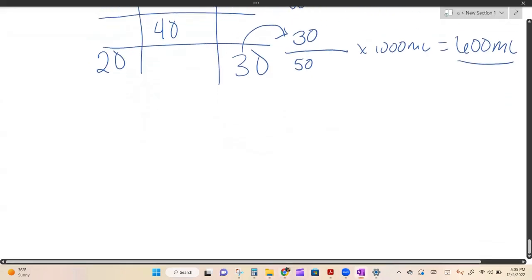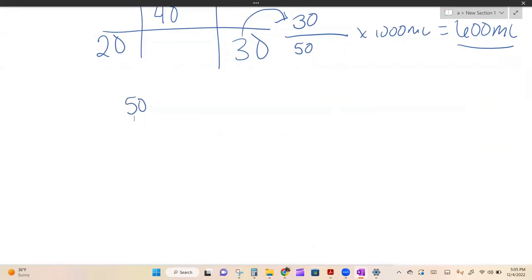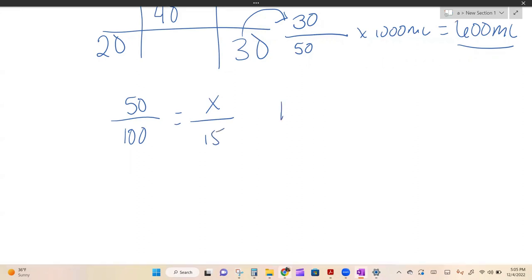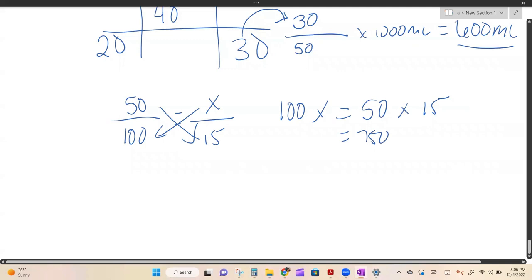So 50 out of 100 is equal to X over 15. Then we would do 100X, because remember, we're going directly across, is equal to 50 times 15. 50 times 15 is 750.